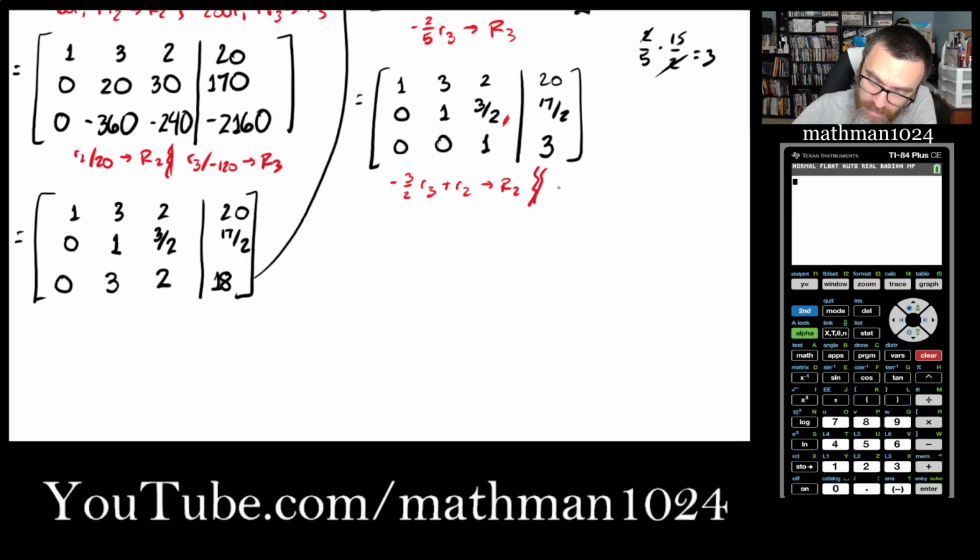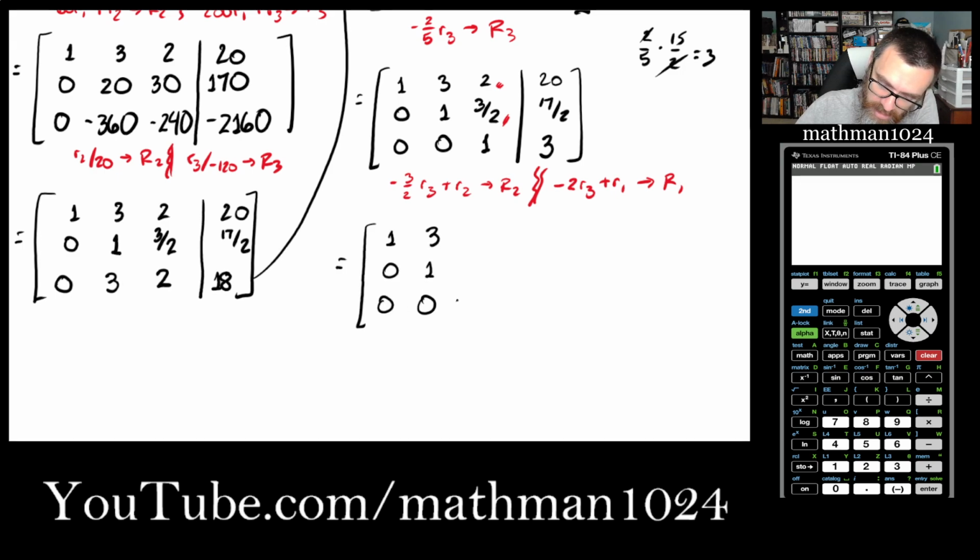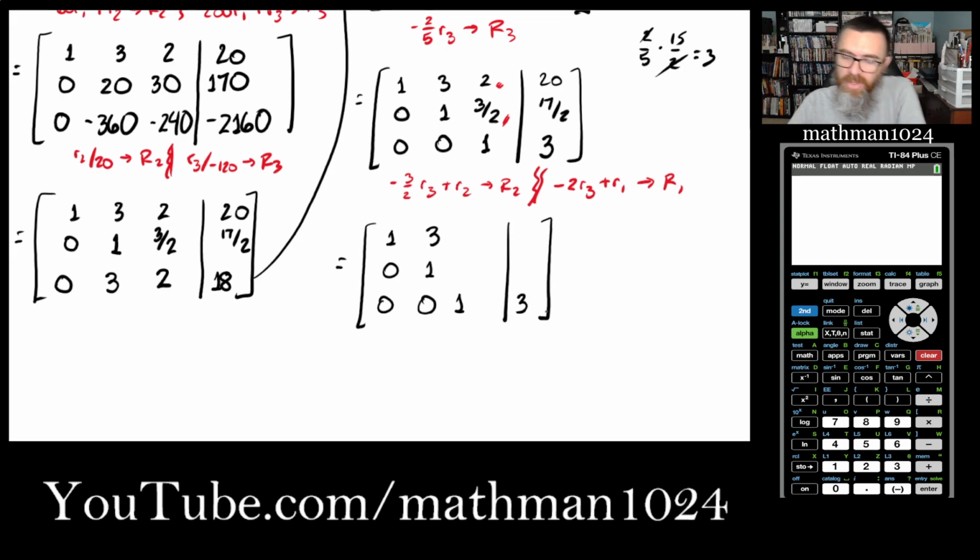And then if I do negative 2 times row 3 plus row 1, that gives me a 0 up there. All right. So 1, 3, these guys are not changing. The other things are going to change.